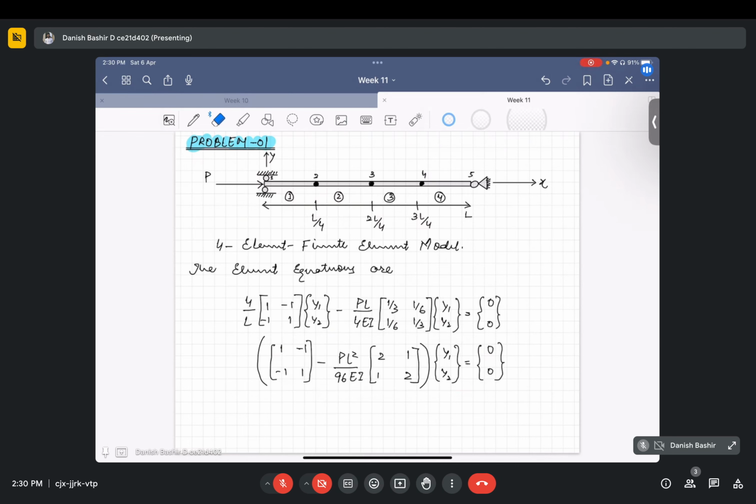Each element will have the same equation. So we have to assemble all these four equations together to get the global system of equations.